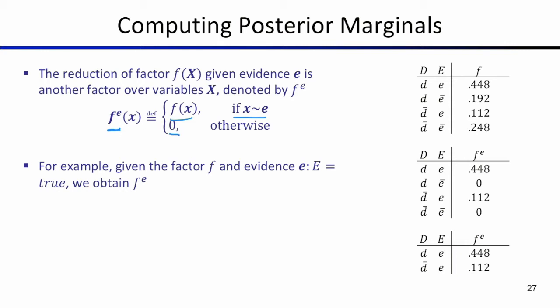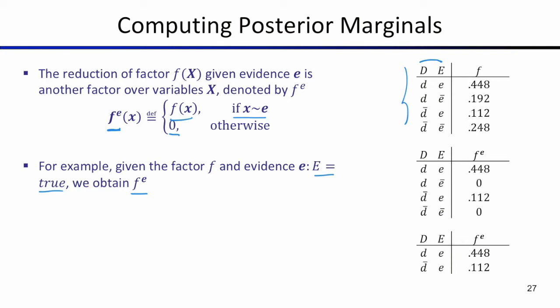Let's suppose that we have this factor f, defined over the variables D and E. I have a piece of evidence that is E equal true, and I want to compute the reduced factor f_e. Basically I'm going to look at this factor and see the rows that do not match my evidence. In this case, the rows where we have E equal false, and I'm going to zero those rows.